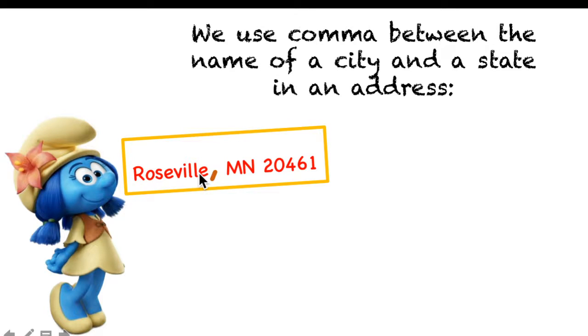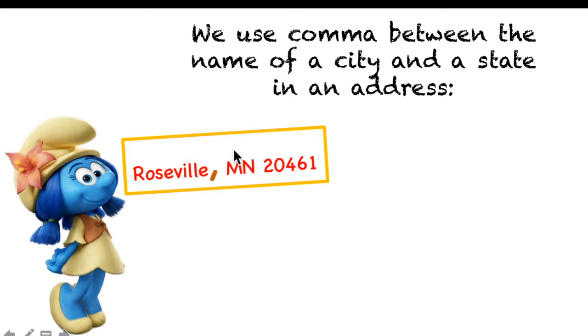It has the name of the city, it has the letters which stand for the state's name, MN stands for Minnesota, and it has the zip code, which are the random numbers representing every region in the United States. So this is the name of the city, that's the first one.